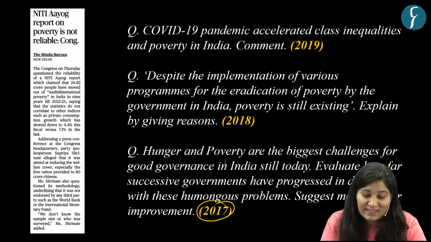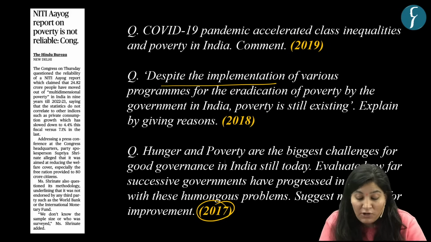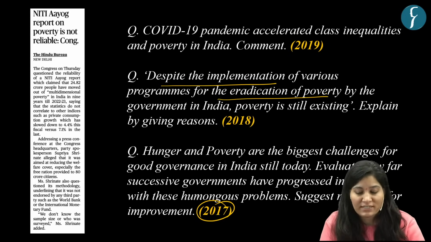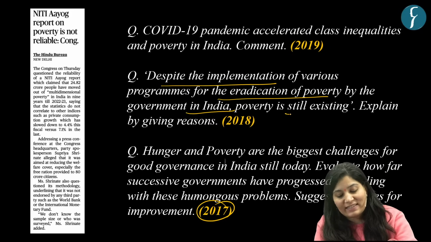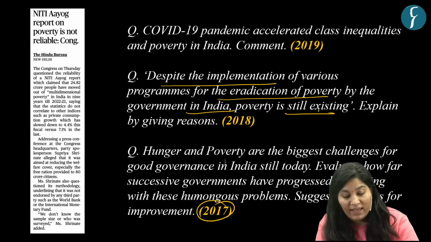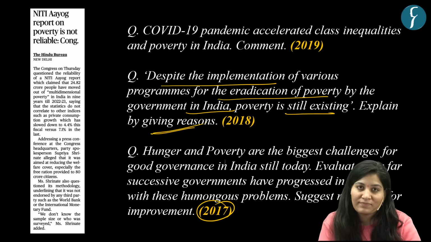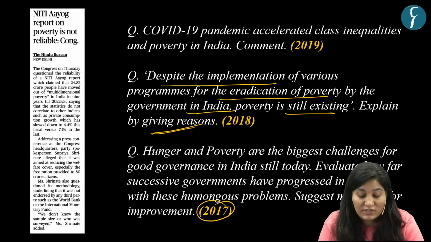Because the question is that despite the implementation of various programs for the eradication of poverty by the government in India, poverty is still existing. Explain by giving reasons. Our further discussion entails the answer to this question.